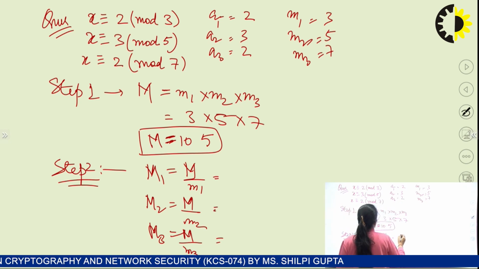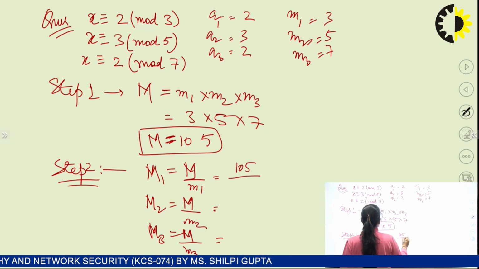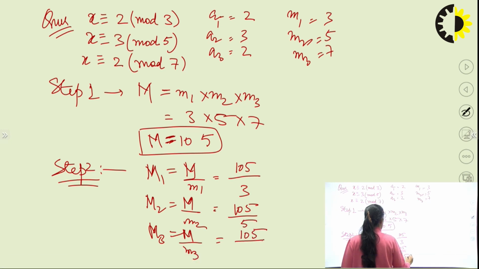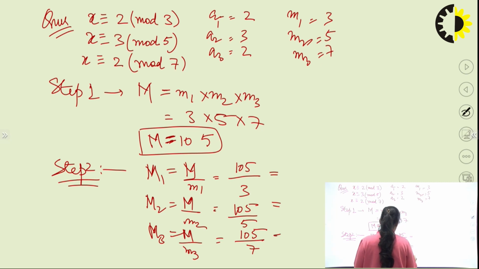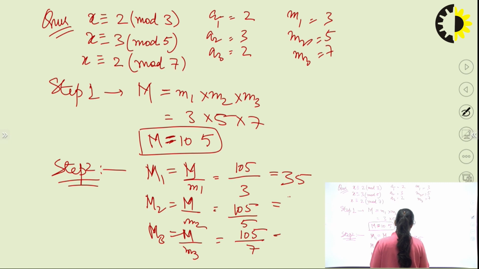So capital M is 105 divided by 3, 105 divided by 5, 105 divided by 7. It will give you the respective values: for capital M1 it is 35, for M2 it is 21, and for M3 it is 15.